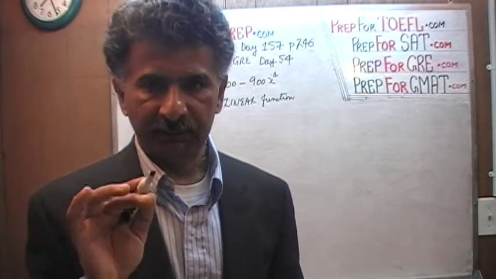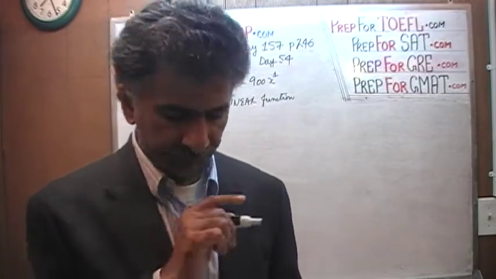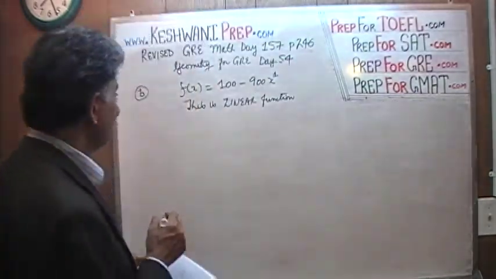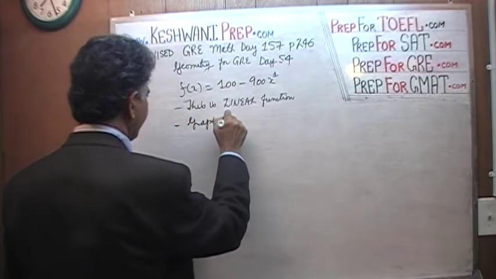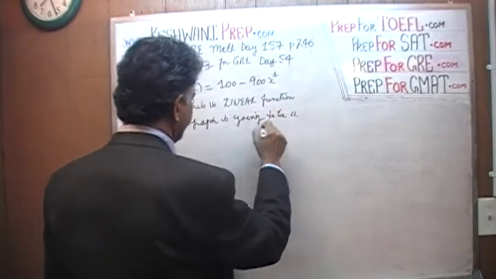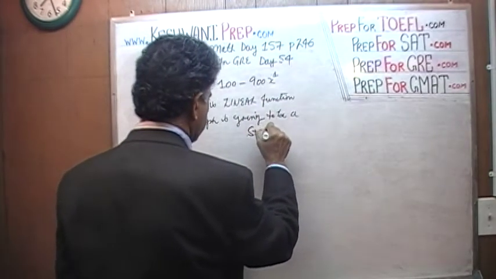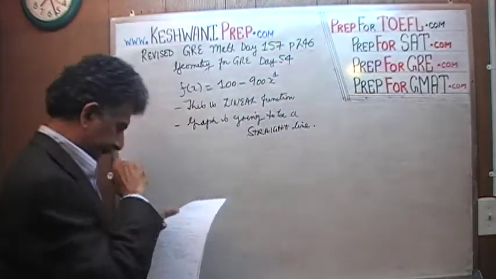X raised to the second power is about the limit, so quadratic equations do appear in the exam. But this is a linear function, and since it's a linear function, the graph is going to be a straight line.